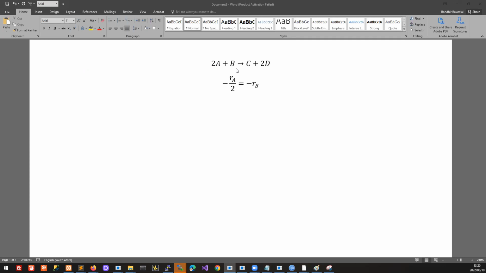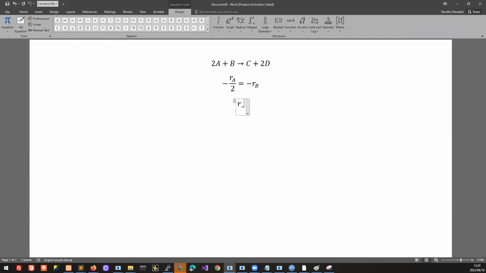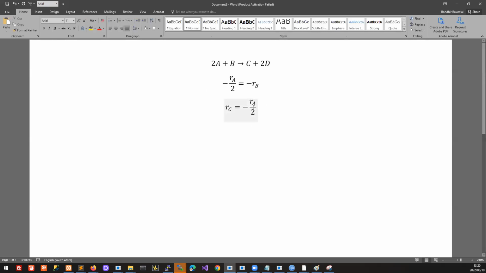And then for C, we can see for every 2 of A, 1 of C forms. So we can say also RC. So C is formed, so that's a rate of formation, and that's equal to, and A is a consumption, so R sub A. So that's RA there.